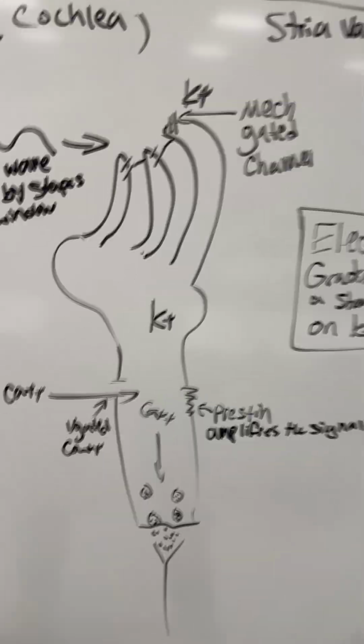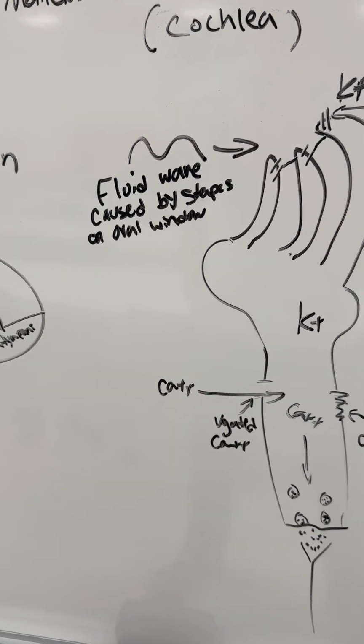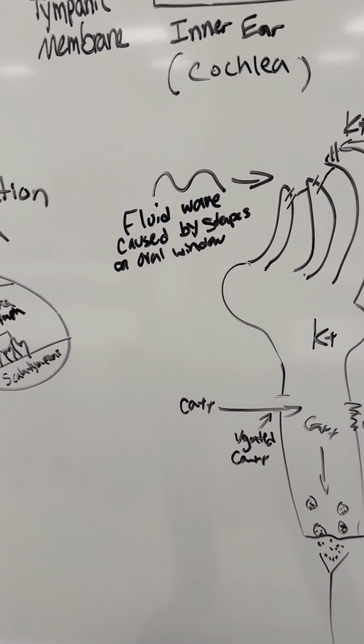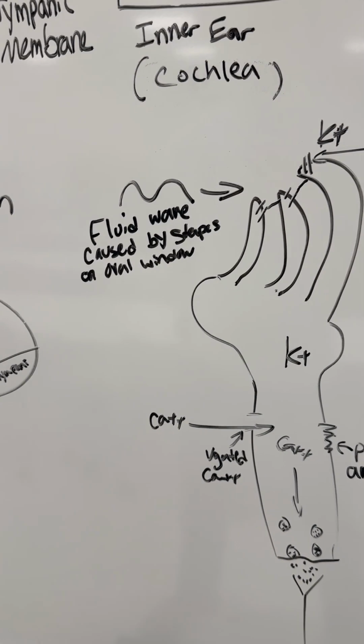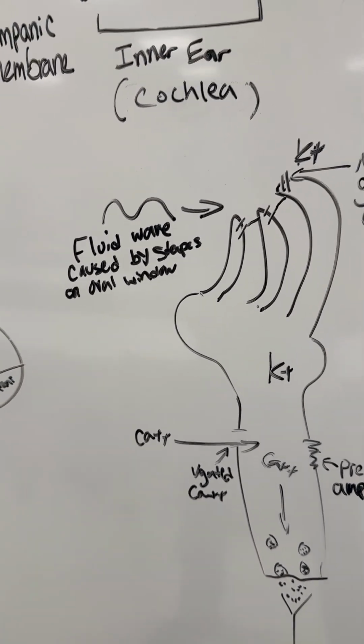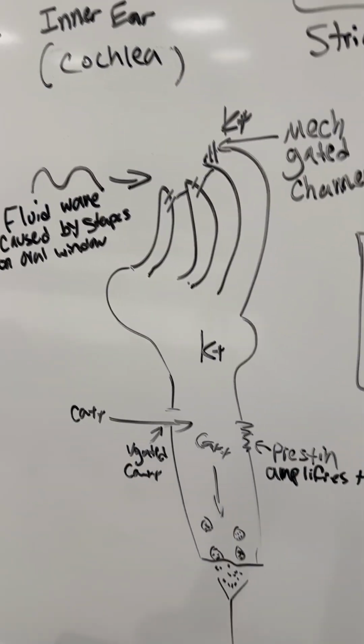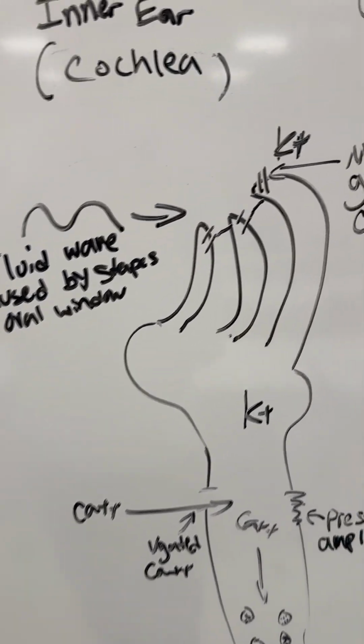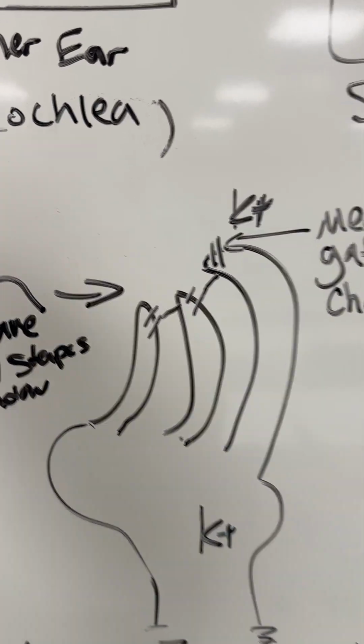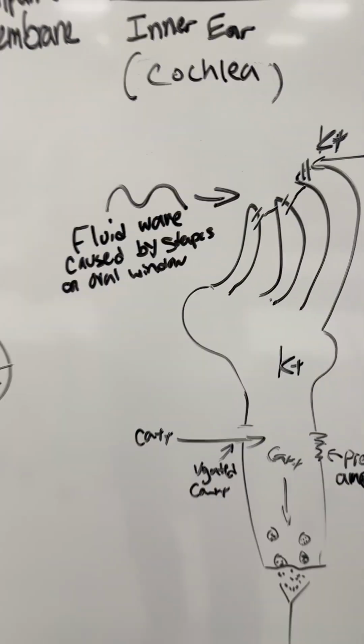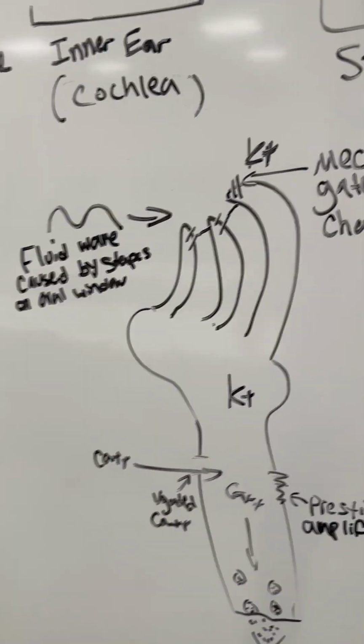And what happens over here is we get these fluid waves that are caused by our stapes, or our stirrup, that I mentioned earlier. It's that bone. So when the tympanic membrane vibrates these bones, it causes a fluid wave that goes from the oval window all the way through the cochlea. And then at the other end, there's what we call the round window.